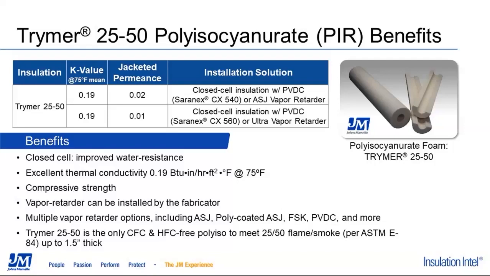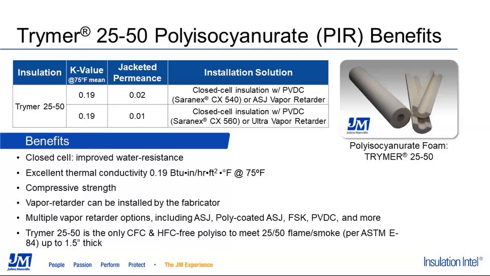First, the contractor could procure the Trymer 25/50 PIR insulation with no vapor retarder if that was of benefit in a particular application. Second, and more importantly, Trymer 25/50 PIR can have a wide variety of vapor retarders factory applied to it.